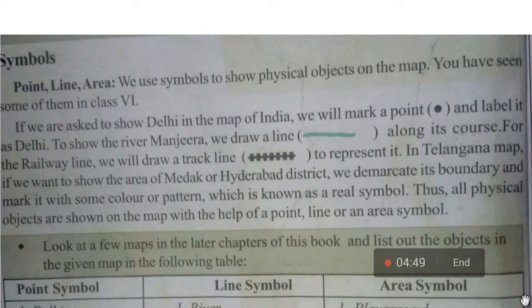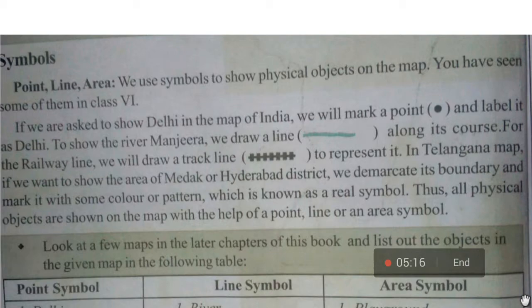That's why we use a blue color line for water bodies. Along its course, for a railway line, how do we draw the railway track? We draw it like what the picture is showing. It represents the railway track in the Telangana map.